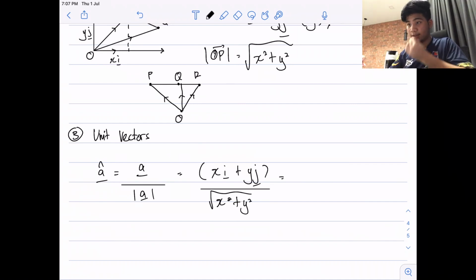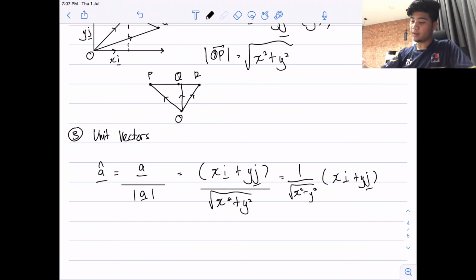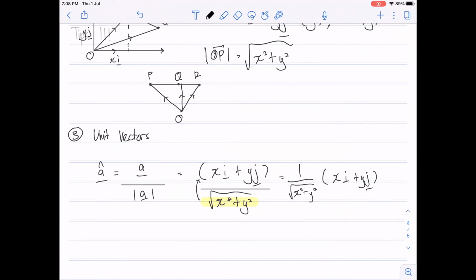So I could rewrite this as 1 over root x squared plus y squared, and outside, xi plus yj. Usually what people do is they will find the x and y below here, and then they will expand it into x and y here. So maybe the bottom is 2, but the top are multiples of 4. So you could divide and be left with another vector like that. But that is our chapter on vectors. Thank you.